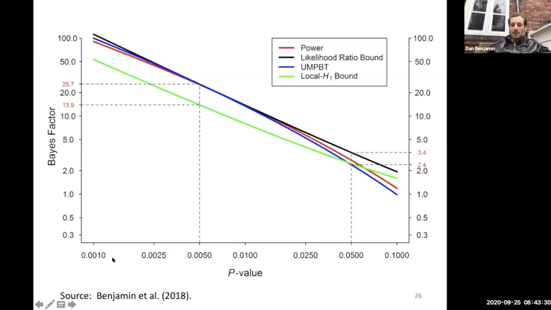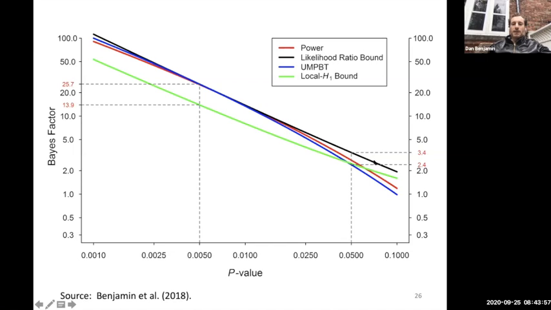So the x-axis here is different p-values ranging from 0.001, here's 0.005, here's 0.05, here's 0.1, which is often called marginally significant. The y-axis here is Bayes factors, and the different curves are showing different ways of calculating these upper bounds.